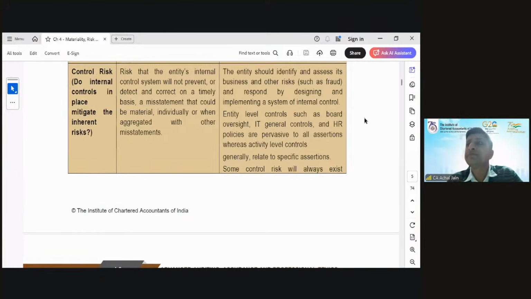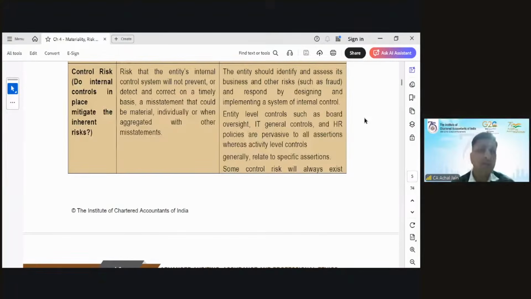But what if such a system is not working in the organization? Definitely the management will want it to work, but suppose that control fails. Can we just say that because there's a system and a process in place, we will ignore any of the aspects around it and be ignorant of that fact?